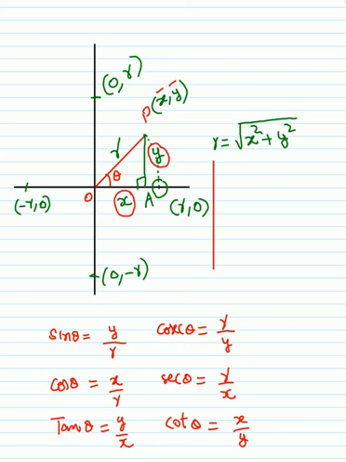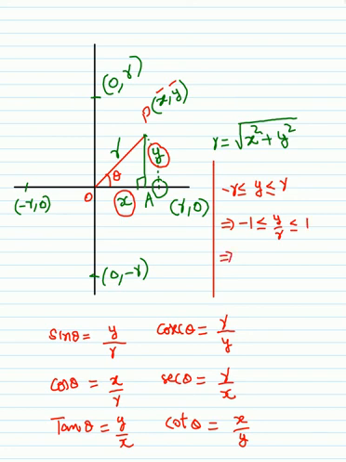So we can write minus r less than or equal to y less than or equal to r. Now divide both sides by r, you get minus 1 less than or equal to y by r less than or equal to 1.